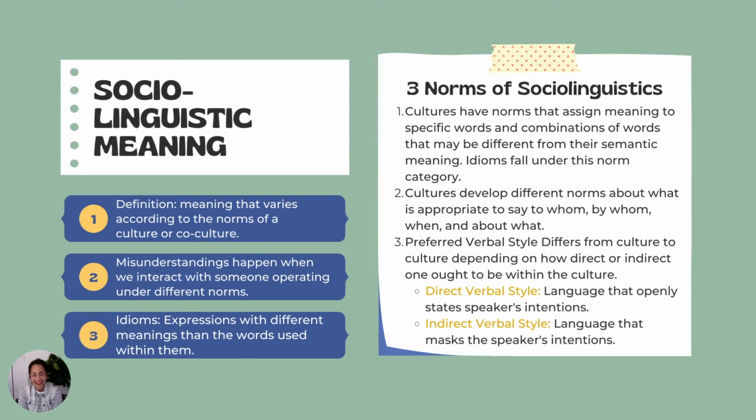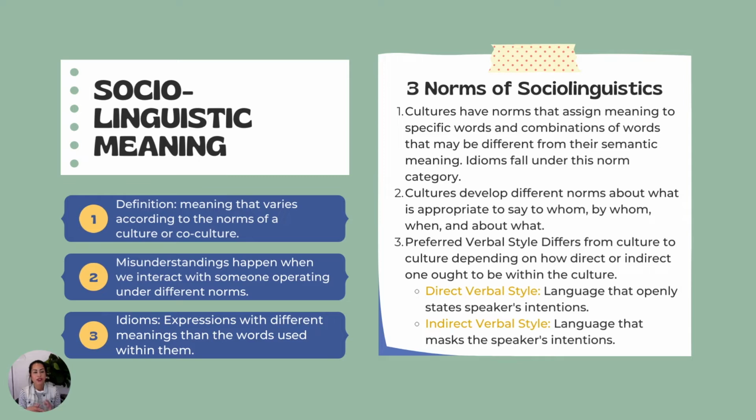Sociolinguistic meaning. I had this as its own section because everything we've just learned about language and meaning really applies to sociolinguistics. The definition of sociolinguistics is meaning that varies according to the norms of a culture or co-culture.